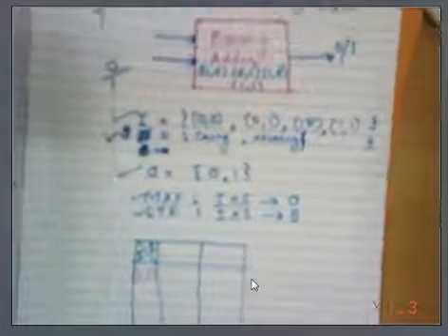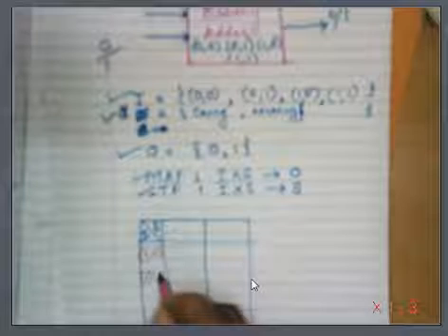Is it visible? 0 0, then 0 1, next is 1 0, and then finally the next combination is 1 1.